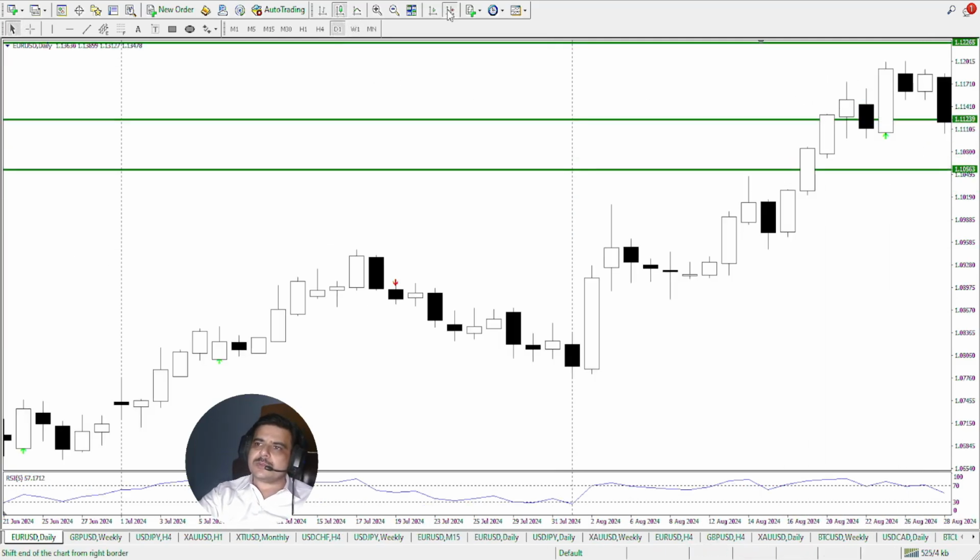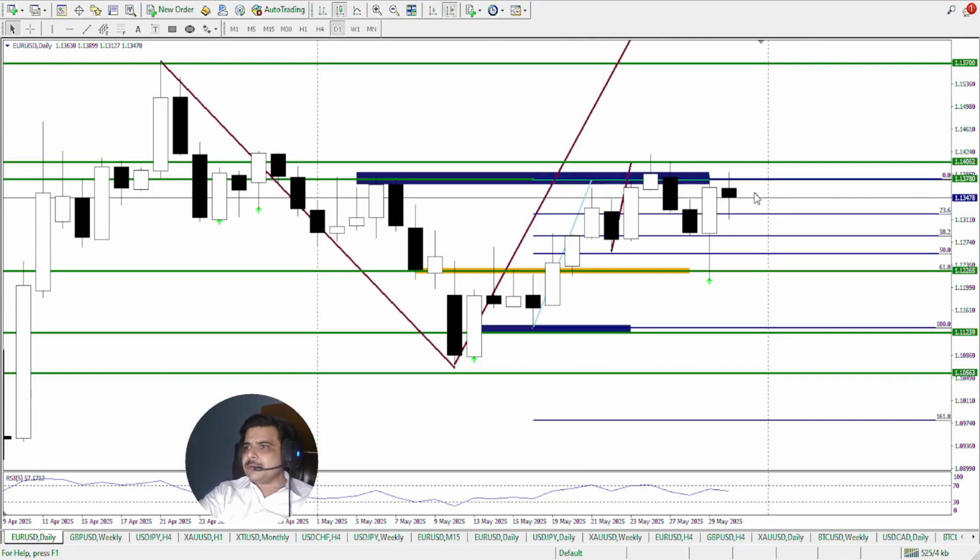If you know my point of view, it was that as far as the market is trading below 1.14062, this level, it will be bearish towards 1.12265, so 1.1226 approximately.